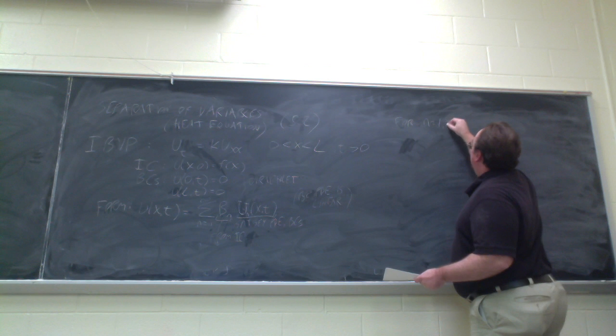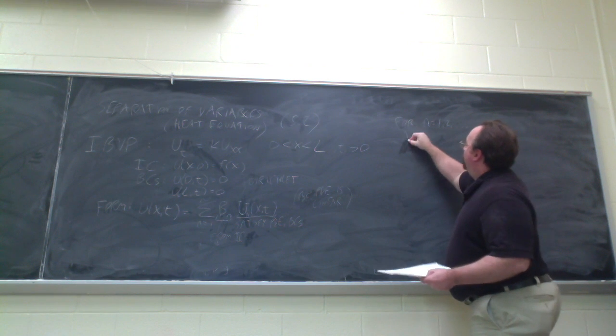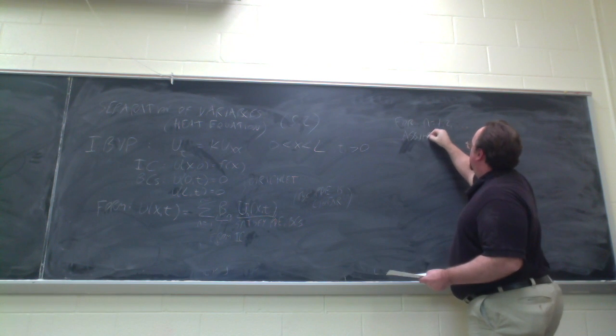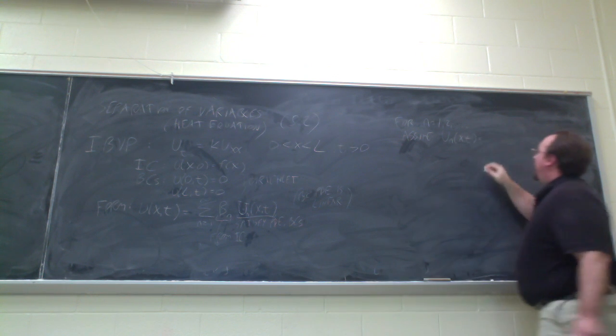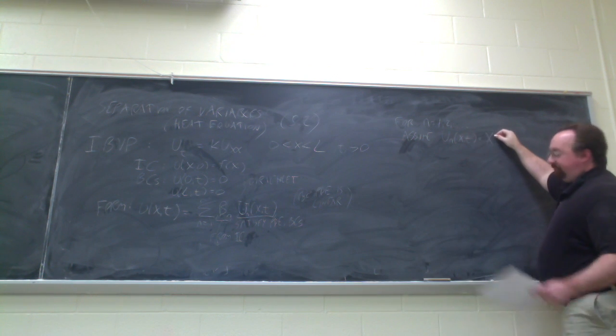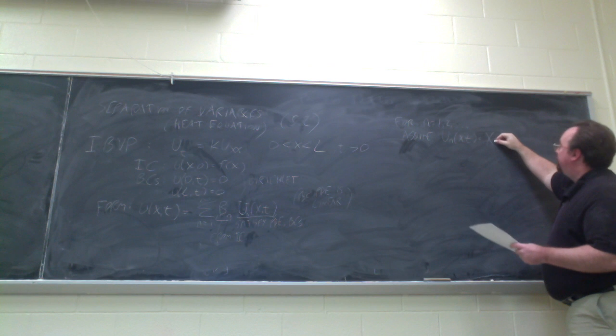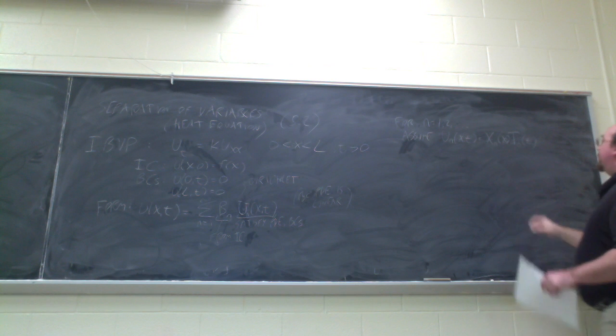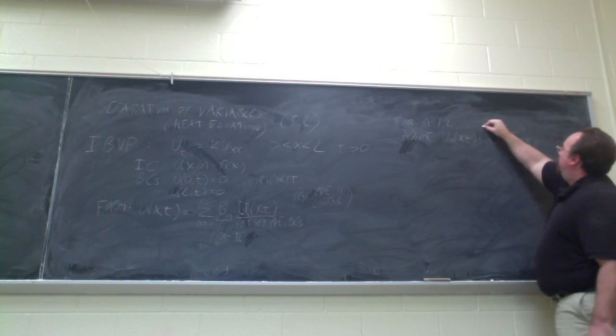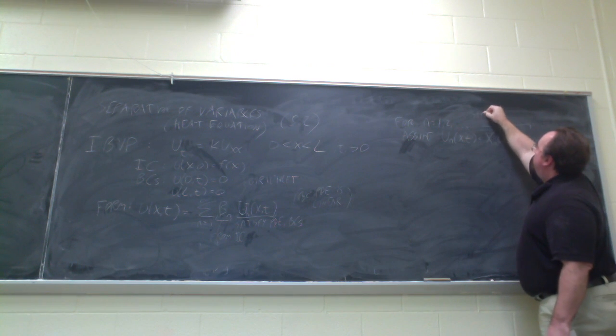So for each n, we're going to assume that each of these solutions, U sub n, that we're looking for, has this form: a product of a function of x only times a function of t only. So this is what is meant by separation of variables.